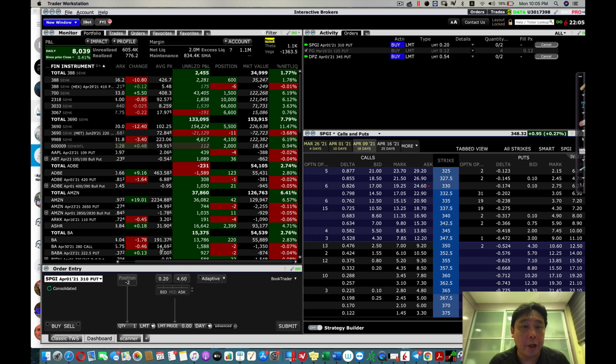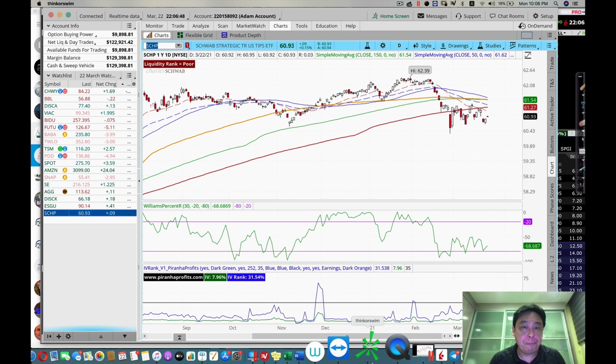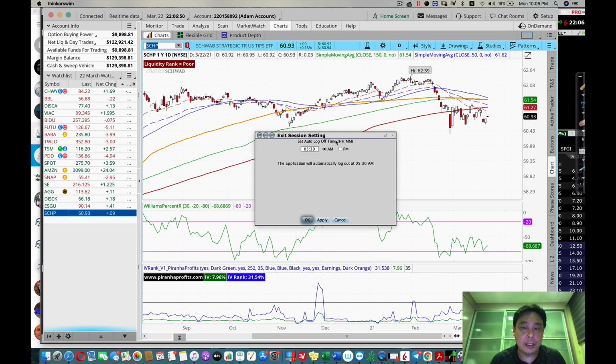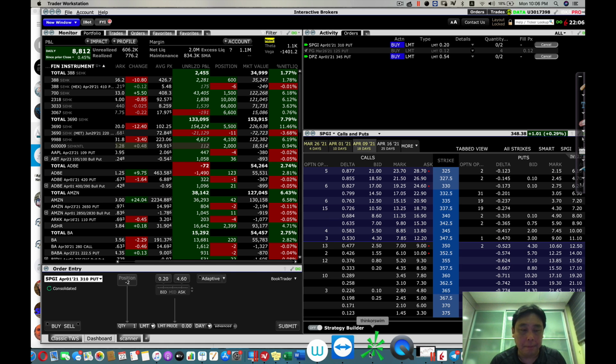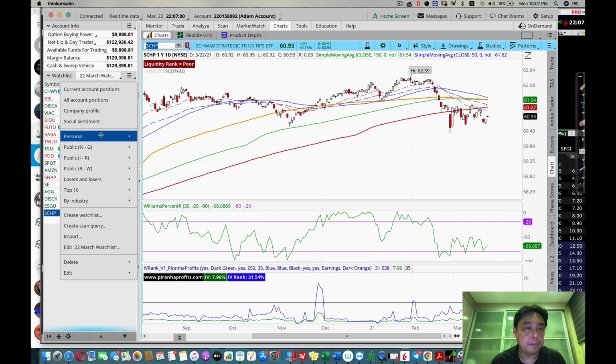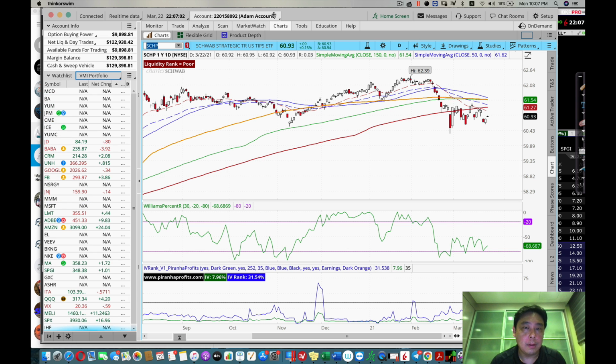So the next thing I do is look at the stocks in my portfolio and see if there are any I can add shares to, if it's undervalued and near a support level, right? So I'm going to go to the stocks in my watch list and let me just see.